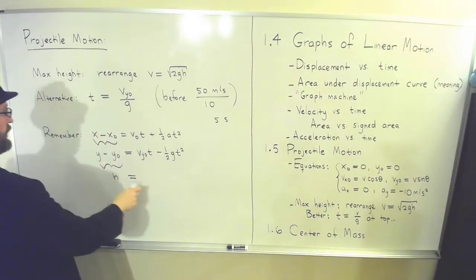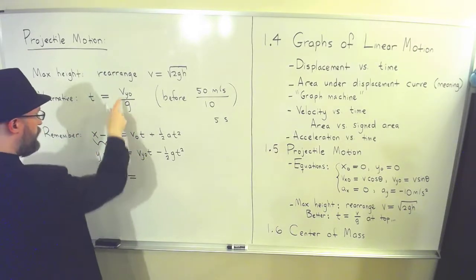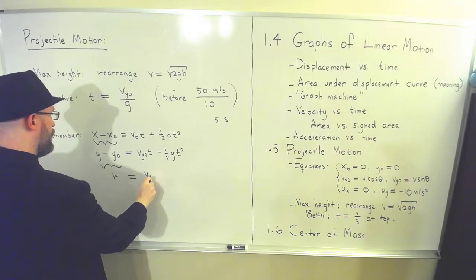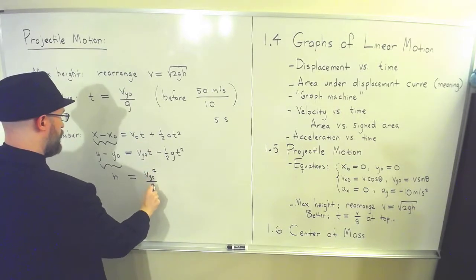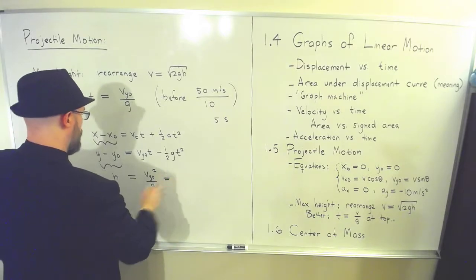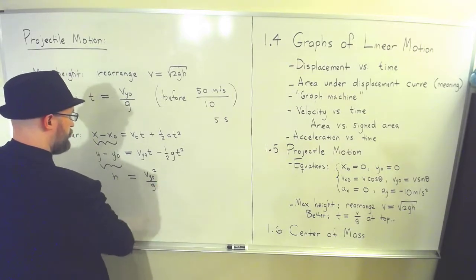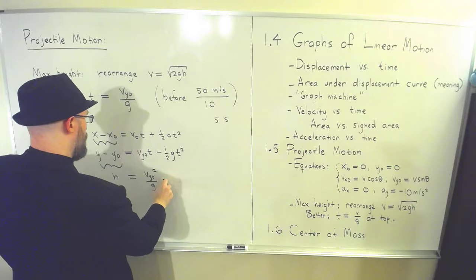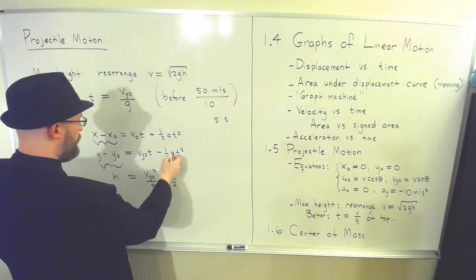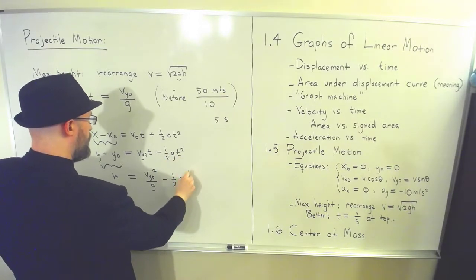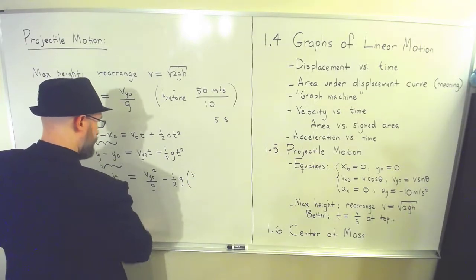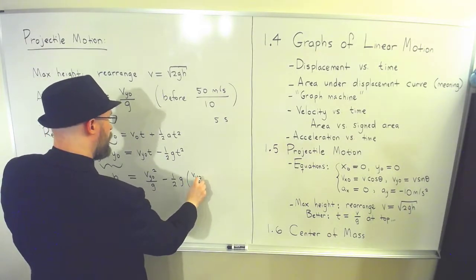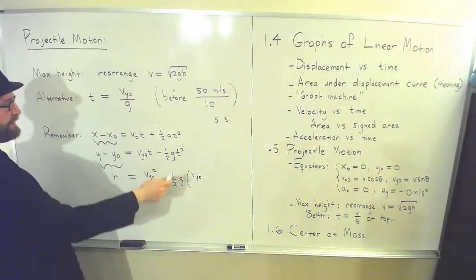I plug in for t here, and so I'm going to get vy0 squared over g, and then minus 1/2 g times vy0 squared over g squared. I get the sense that you're not going to like this very much.